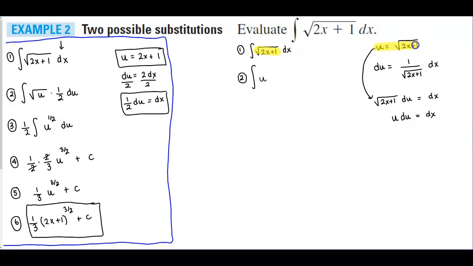So we know that that's u times, what does dx equal? Well, dx equals u du. So that's going to be times u du. Okay, and then what this gives us is u times u, which is u squared du.